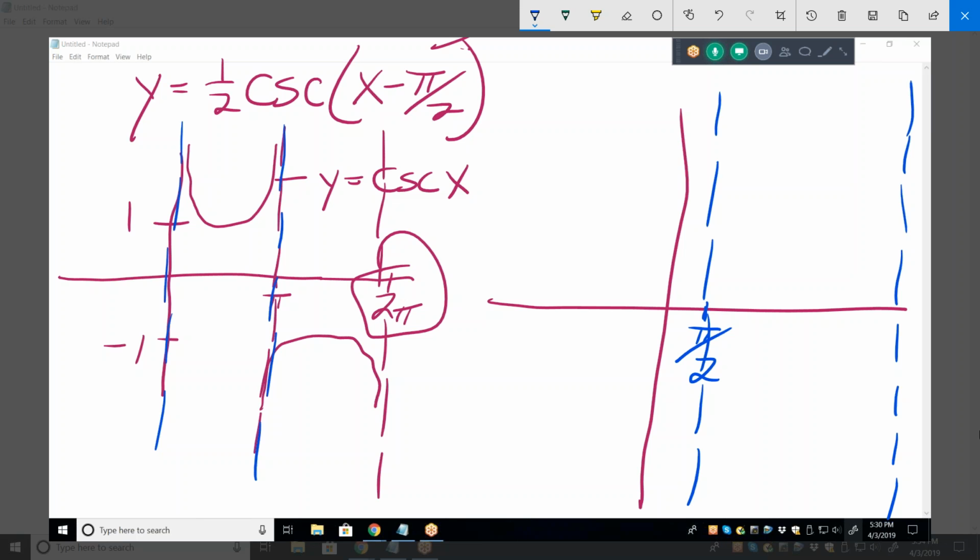5 pi over 2. Notice that that is still a period of 2 pi. The period has not changed. We do have another vertical asymptote that goes right down the middle. What's that at? 3 pi over 2. You want to learn to quarter these up.